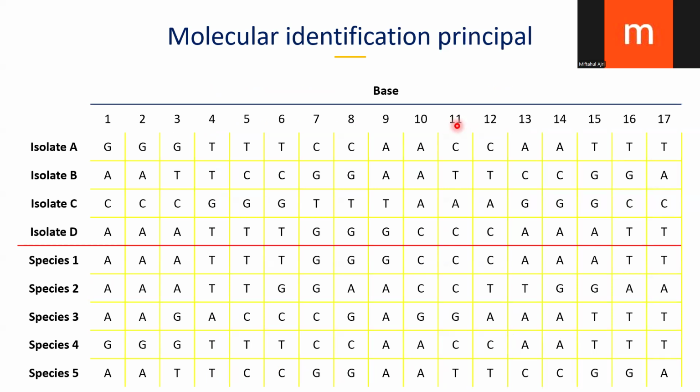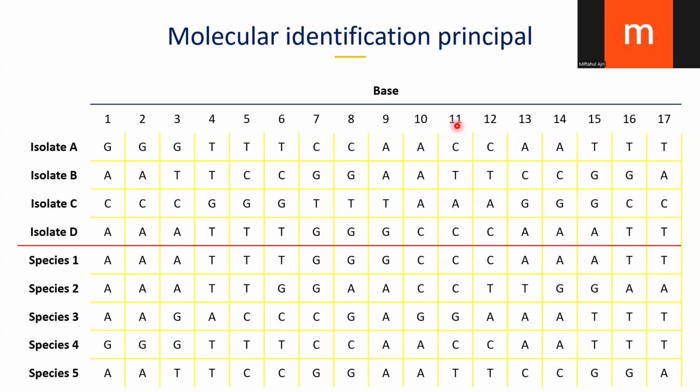For example, we have isolates A, B, C, and D. We don't know the species of isolate A, and B, C, and D also. But we have nucleotide sequences here: for isolate A, G, G, G, T, T, and so on.